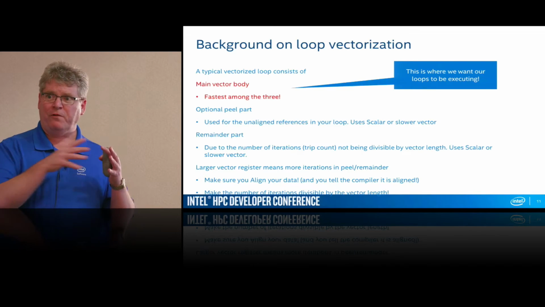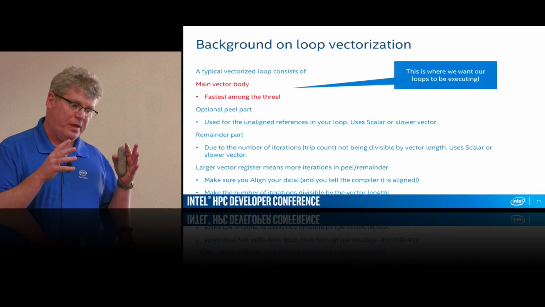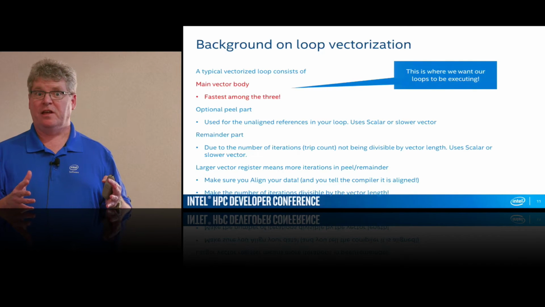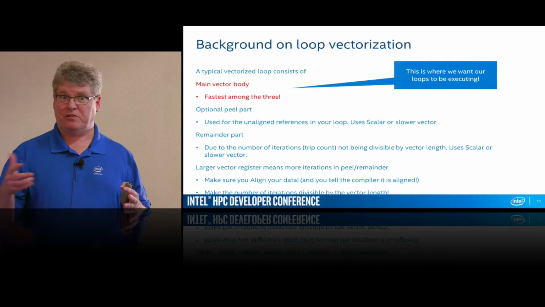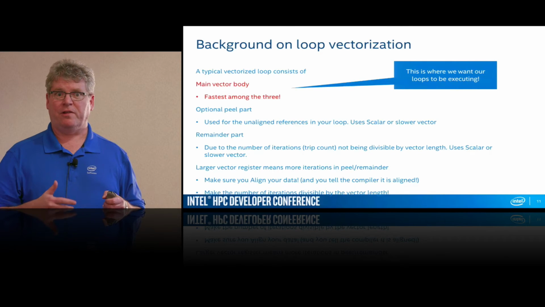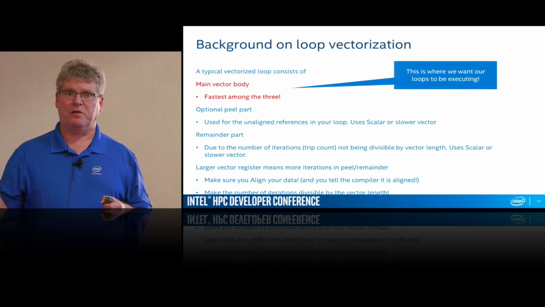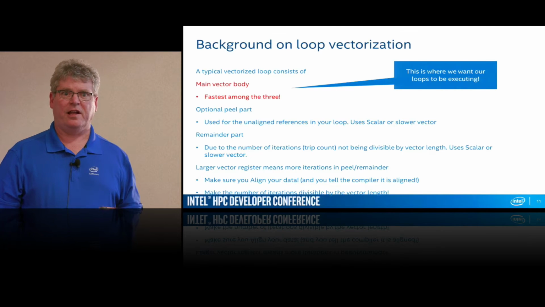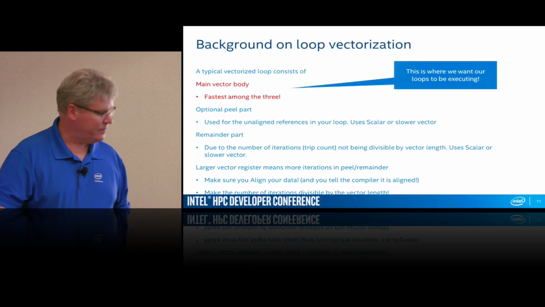But if you can form a complete vector, that will increase your efficiency. Since we're doing these SIMD instructions, we're executing these things much quicker than the individual iterations would be executed. We'll go into some of those low-hanging optimization techniques in a couple slides. Thank you.